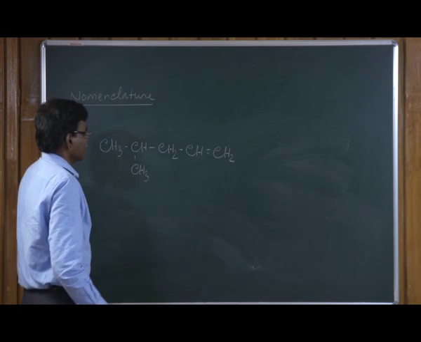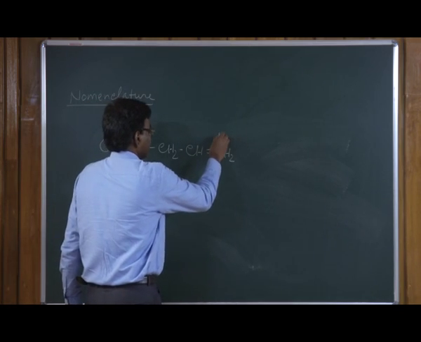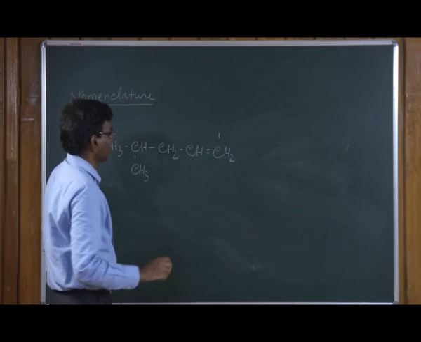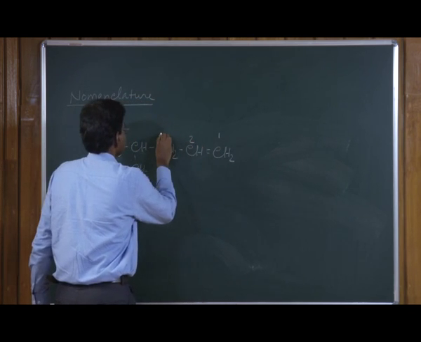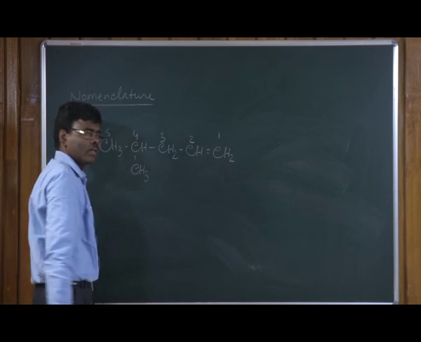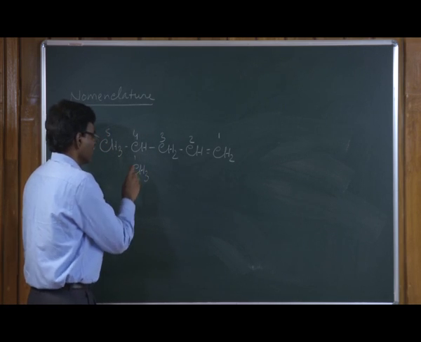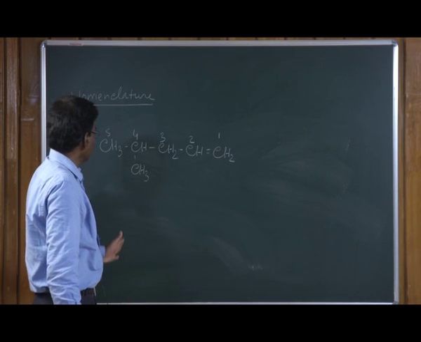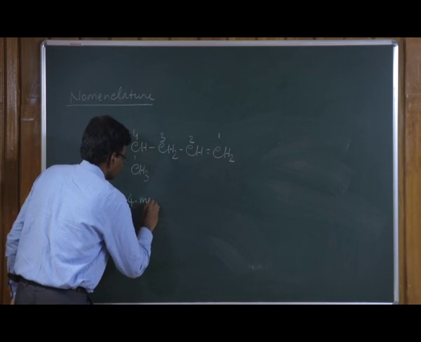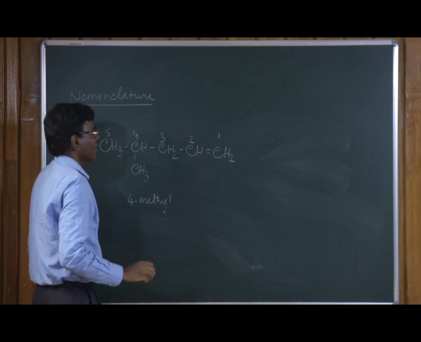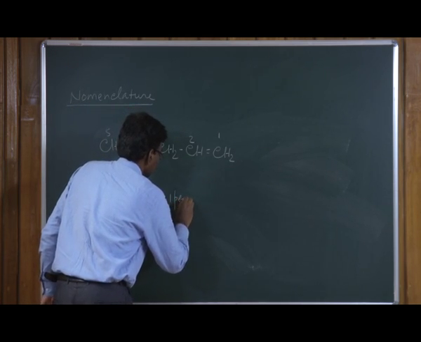So, the name of the alkene is, and we have to start numbering as we have seen in the case of alkane, and we have to start from here wherever the double bond is very close to the end. Here this is 2. So, as we have seen in the case of alkane, the name of the compound will be, and we have to first place the substituent, and in this case 4-methylpent-1-ene.